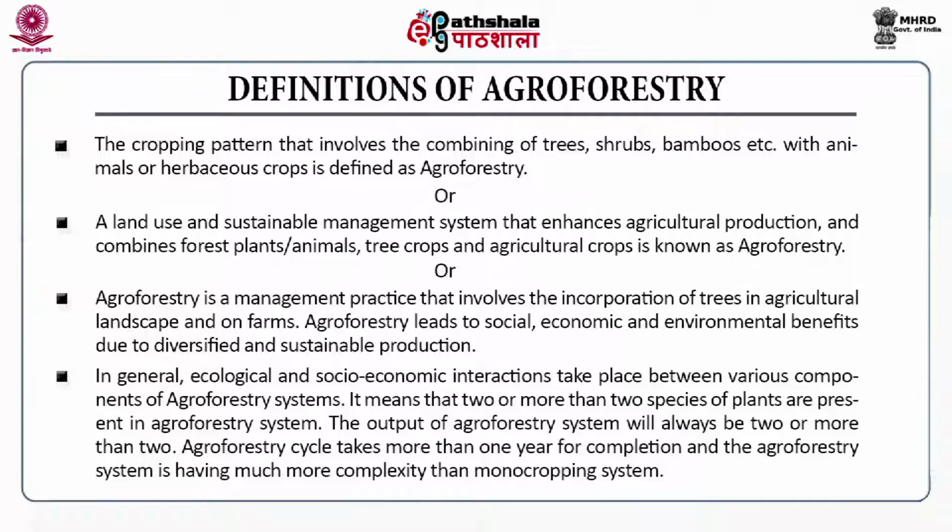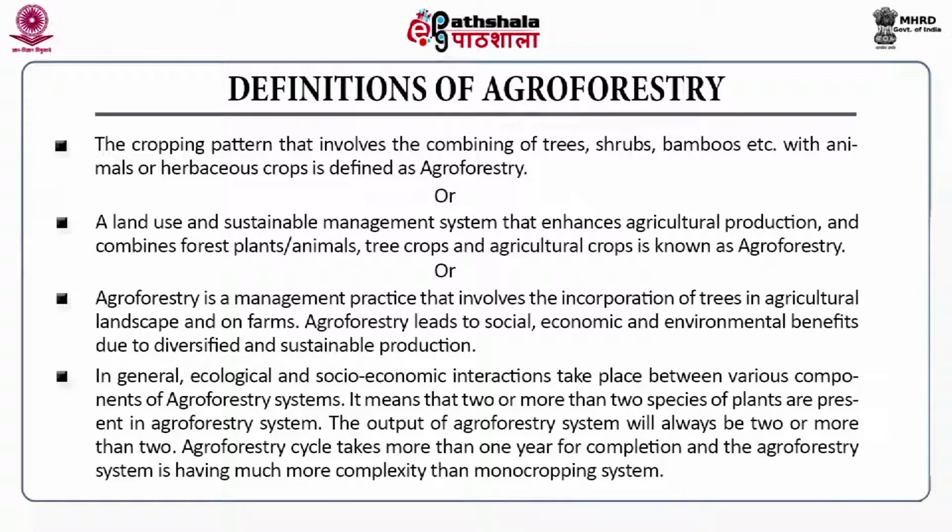In general, ecological and socio-economic interactions take place between various components of agroforestry systems. It means that two or more species of plants are present in the agroforestry system. Now, the output of an agroforestry system will always be two or more.